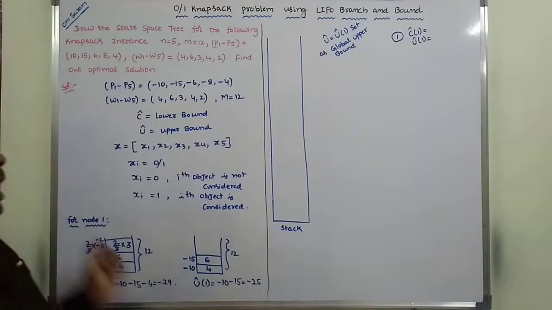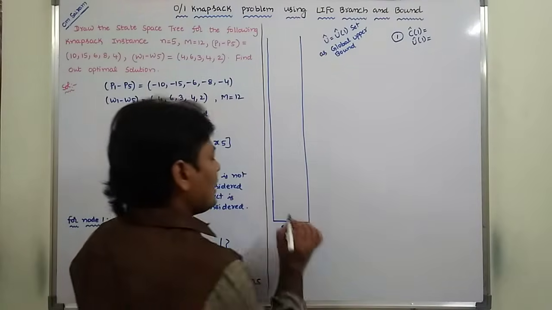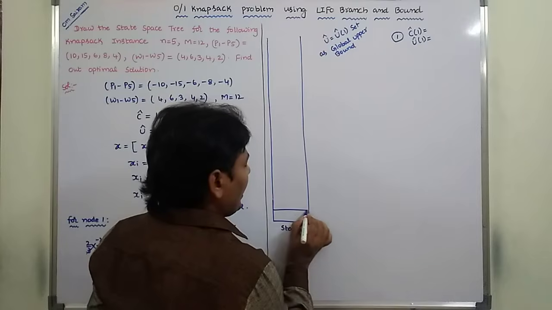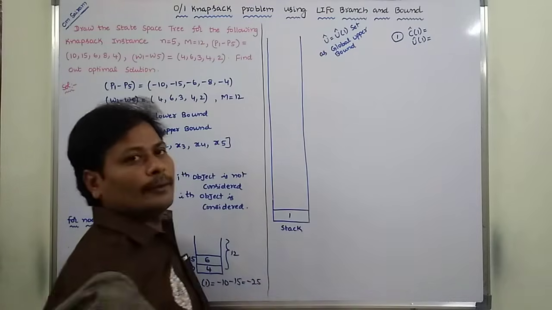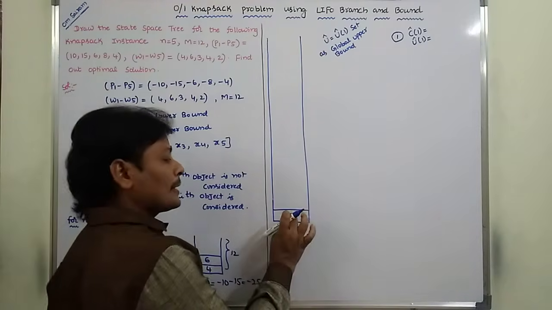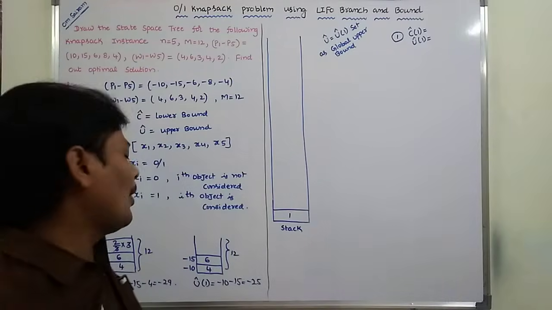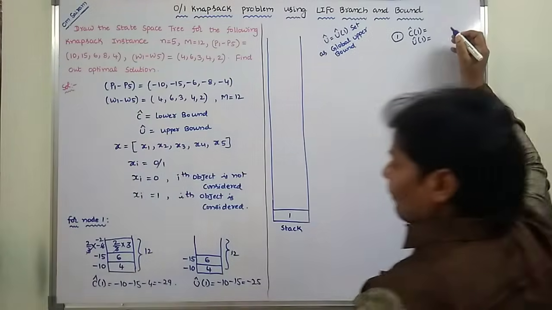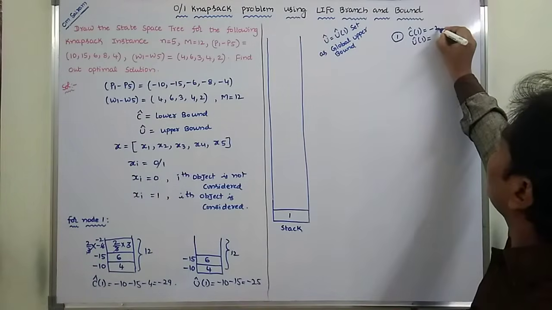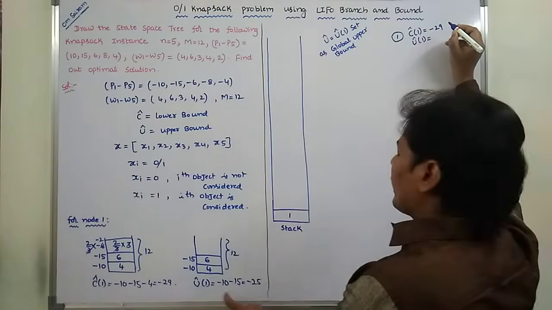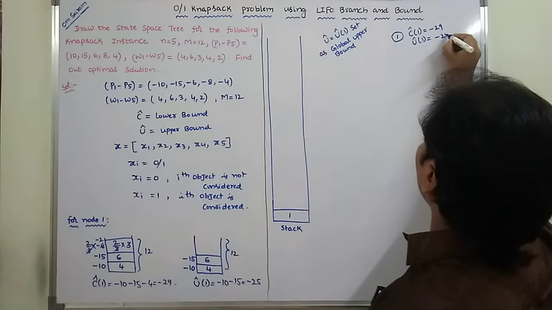Okay. So now the first node is placed into the stack. Next, C cap of 1 we are getting minus 29 and U cap of 1 minus 25.